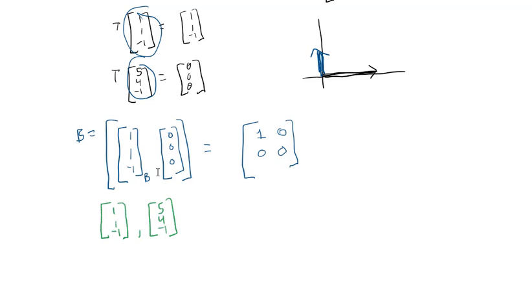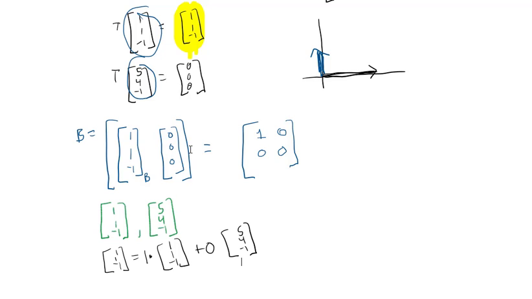Our first transformation gave (1, 1, negative 1), which equals 1 times our first basis vector plus 0 times our second basis vector.